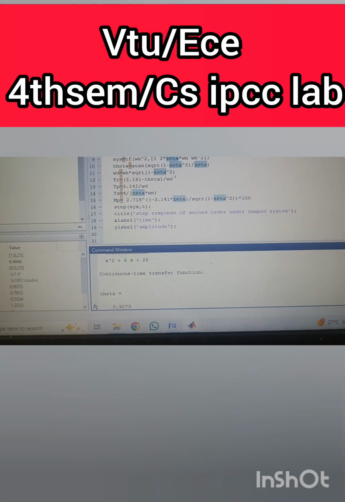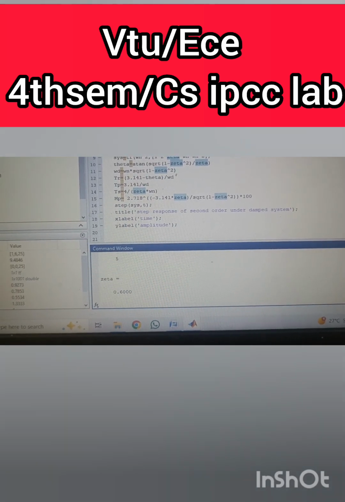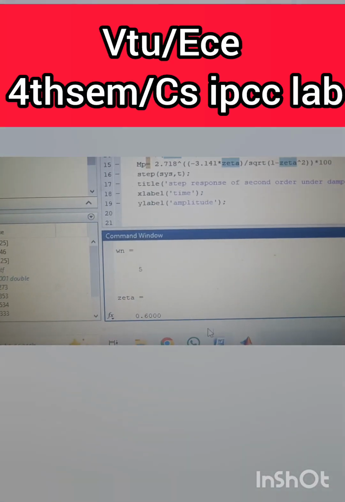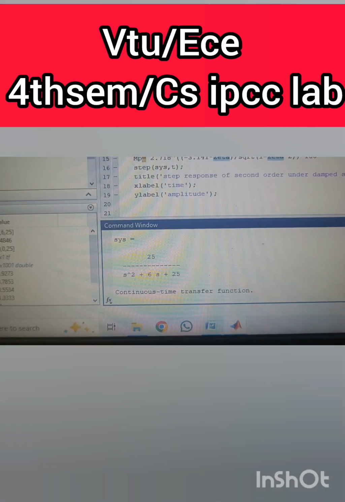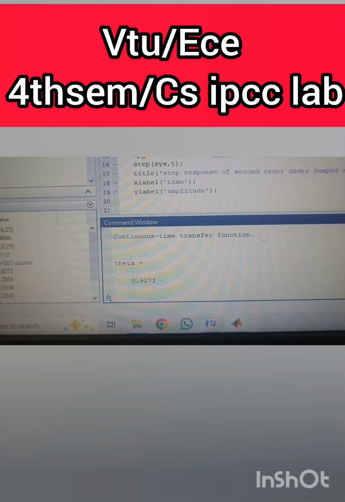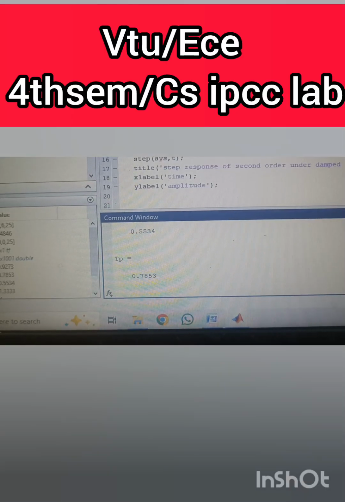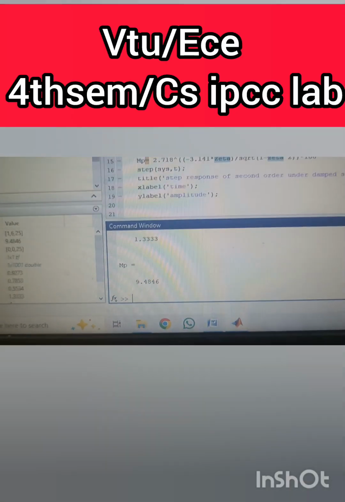Starting with the omega n value 5, zeta 0.6, then the system function, that is the continuous time transfer function like this, theta value, omega d, rise time, peak time, settling time, and peak overshoot. So like this you will get the result.